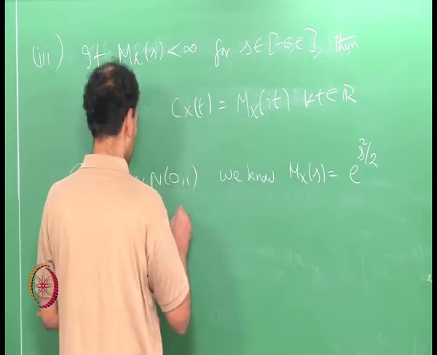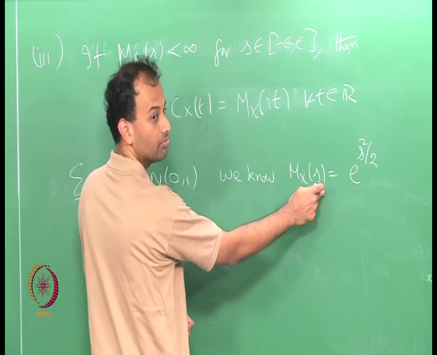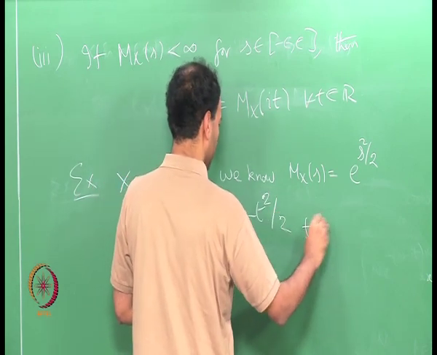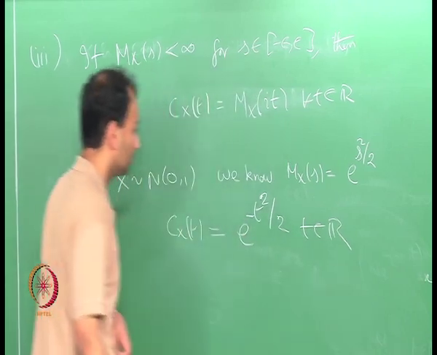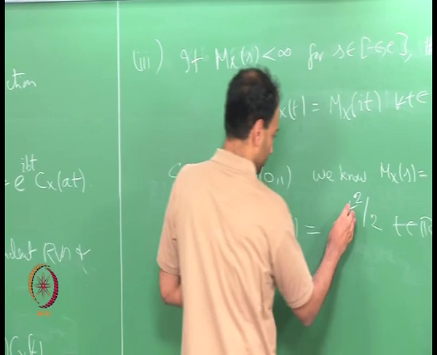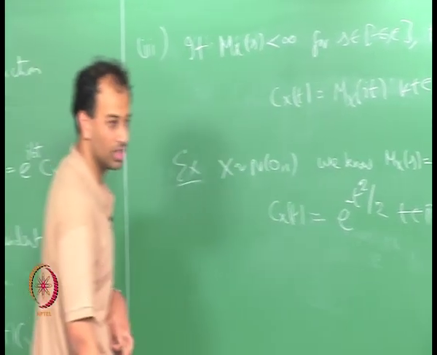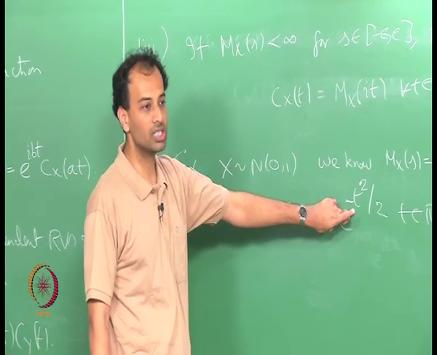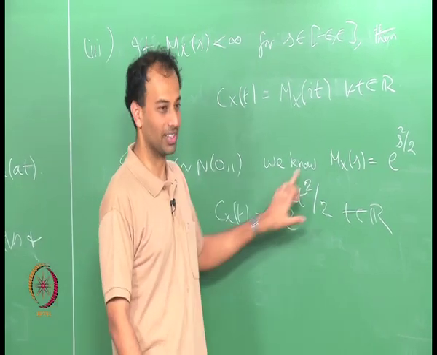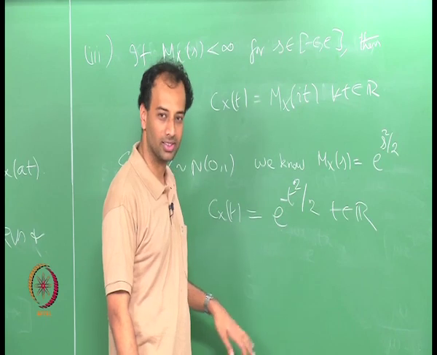So, C_X(t) will be equal to m_X(it), which will be equal to e power minus t squared over 2 for all t belonging to R. Okay. So, the characteristic function of a standard Gaussian is e power minus t squared over 2, right. So, it also looks like a standard Gaussian, except for the 1 over square root of 2 pi, right.